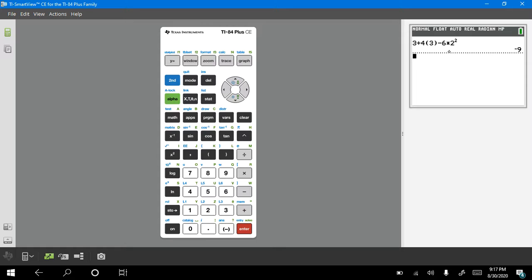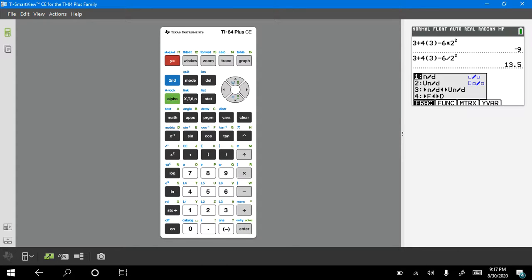That's not correct because I hit multiplication instead of division. So it should have been 3 plus 4 times 3 minus 6 divided by 2 squared, and this should give me the answer. I had 13.5. I wanted to change that to a fraction, 27 over 2.